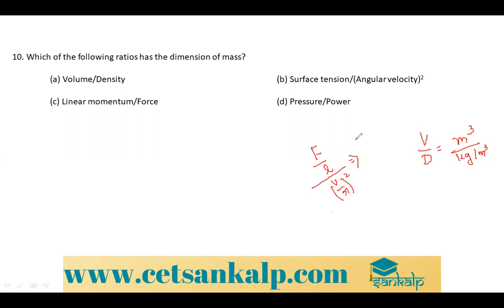Here F can be written as mass into acceleration divided by L, the whole divided by V. V is nothing but meter square per second to the power 4 divided by R, and the radius again becomes meter square.